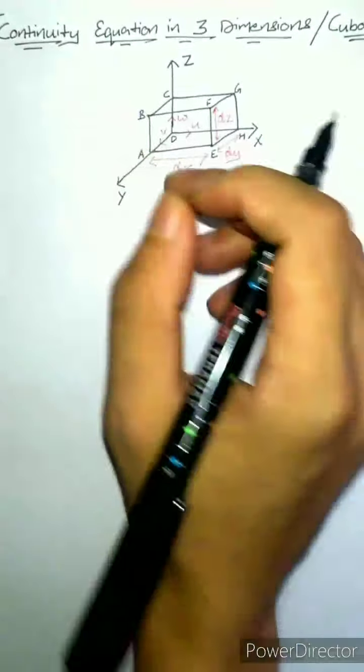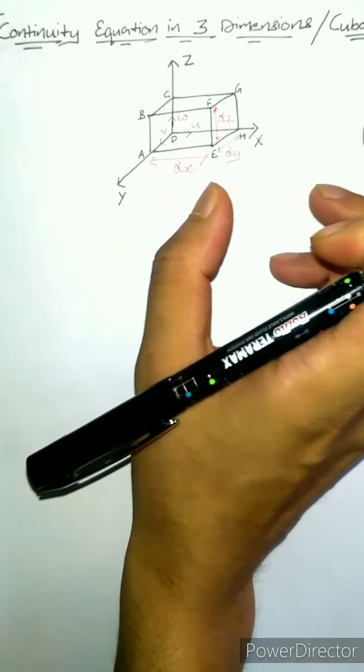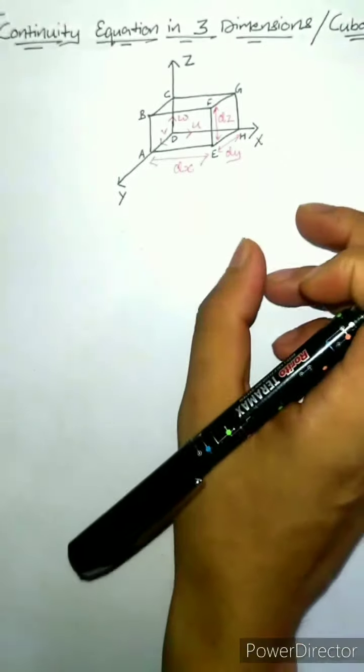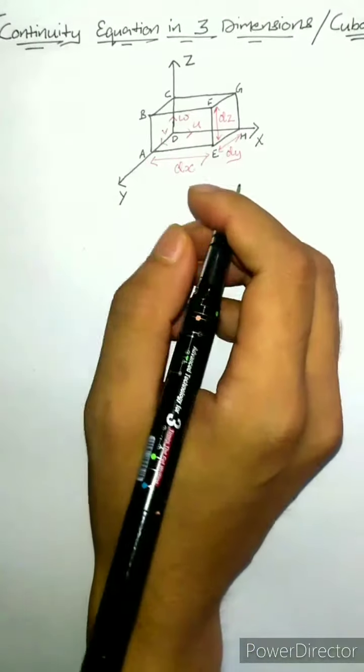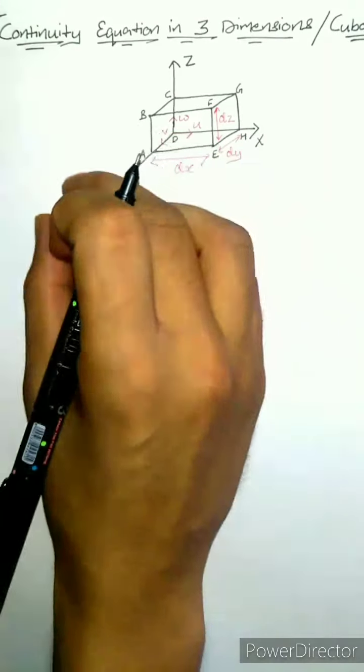Since the continuity equation is based upon the law of conservation of mass, which says that mass can neither be created nor be destroyed, it only transforms from one form to another form.